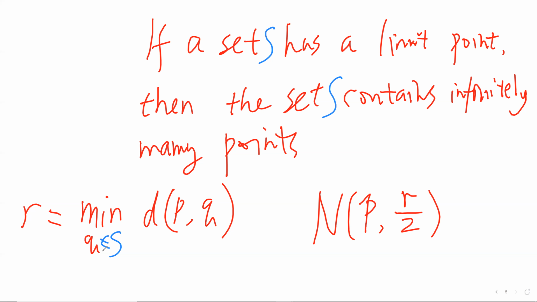There is no overlapping between this neighborhood and the set S, which means P is no longer a limit point. That's why this is correct, and we can safely use this.